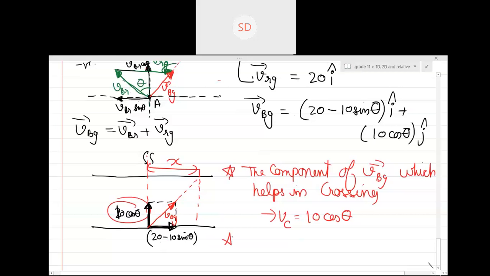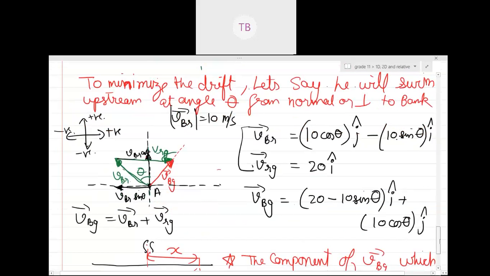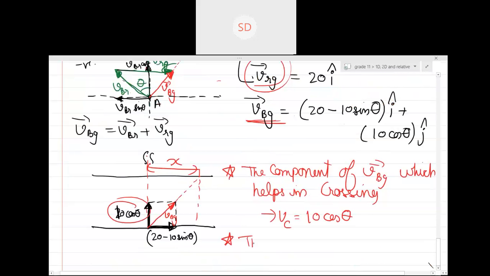Sir, isn't VBR helping? VBR तो we already broke. VBR को we broke in two components and then we added with the reverse velocity. So we got the velocity of boy with respect to ground. Yes. Now there is only one velocity VBG, and in this VBG there is one component which is helping in crossing, whereas one component which is helping in drifting. Yeah.